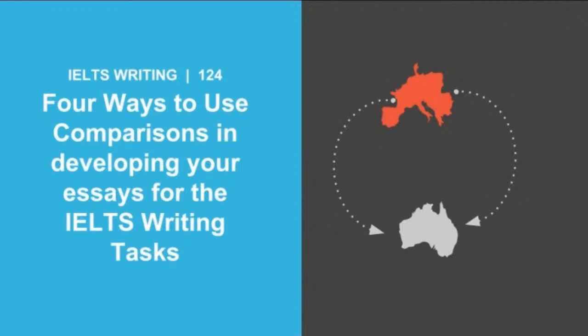The second way is to express similarities in a different way but with two sentences. Here the words and phrases are similarly or in a similar pattern. So I'll give you an example. Books are a wealth of knowledge. Similarly, the internet is a learner's paradise.